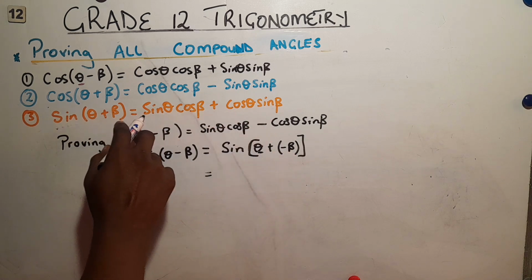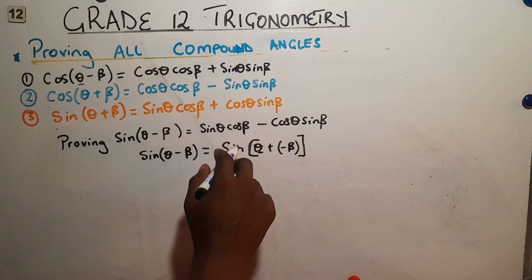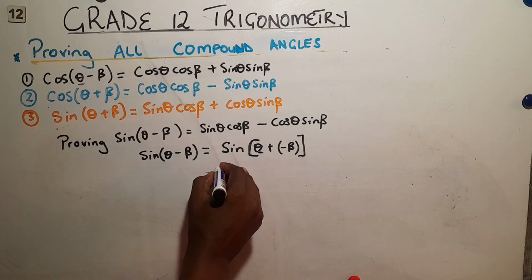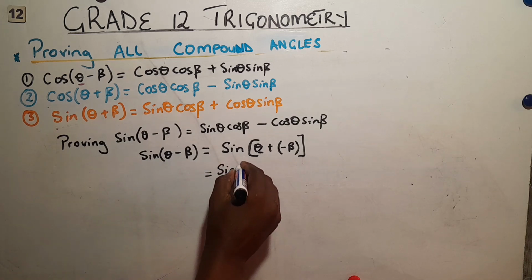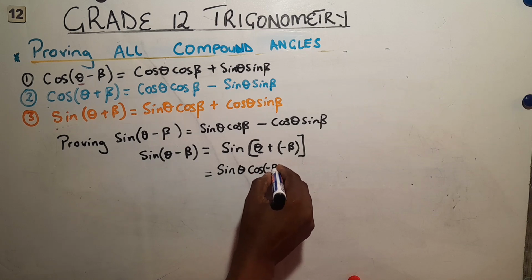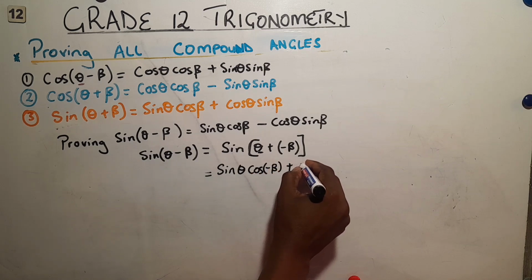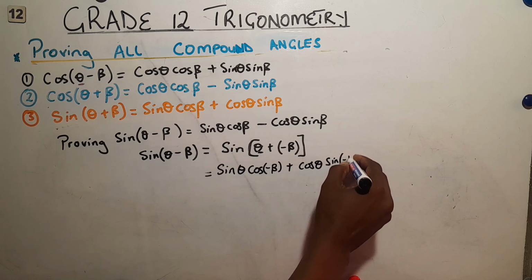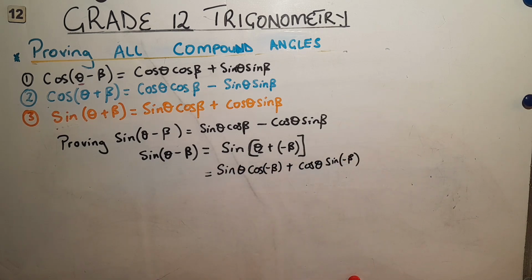So we are going to use that, but now this angle is going to change as the negative one, right? So how do we proceed? So this means that our sine of theta and then our cos of negative beta plus the cos of theta and our sine of negative beta, like that.